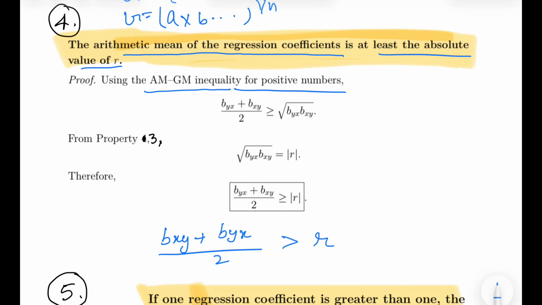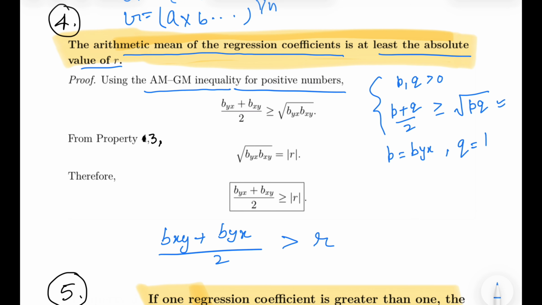So let's understand this inequality first. The inequality states that for any two positive numbers, let's say P and Q, the arithmetic mean of these positive numbers is always greater than or equal to the geometric mean of these positive numbers. For any two positive numbers, using the AM-GM inequality, you can write this. So consider P equals byx and Q equals bxy. You will get byx plus bxy divided by 2 greater than or equal to square root of byx into bxy.